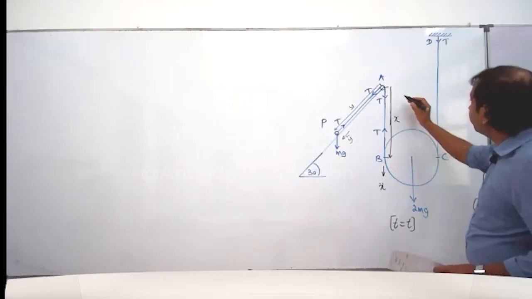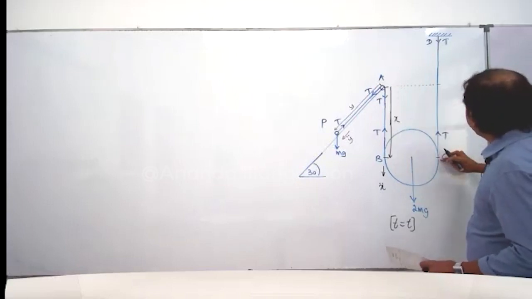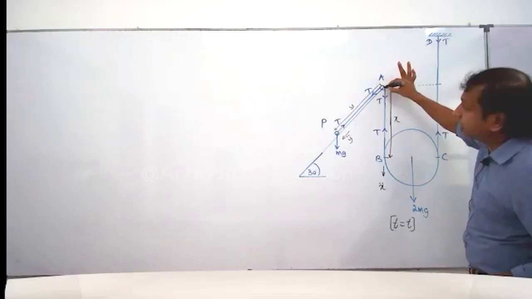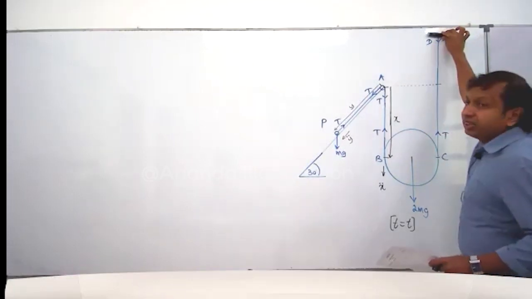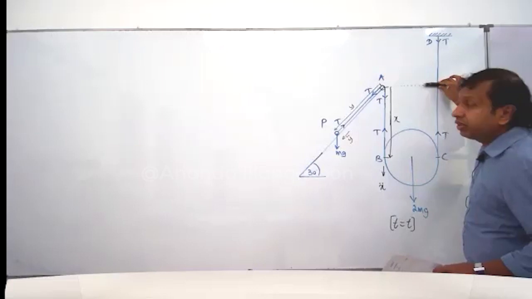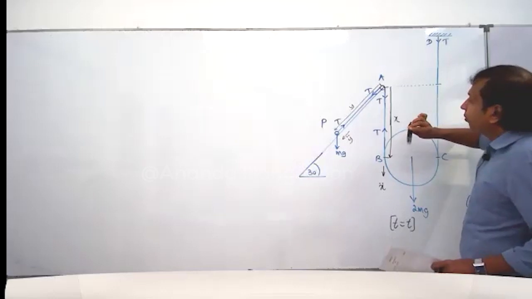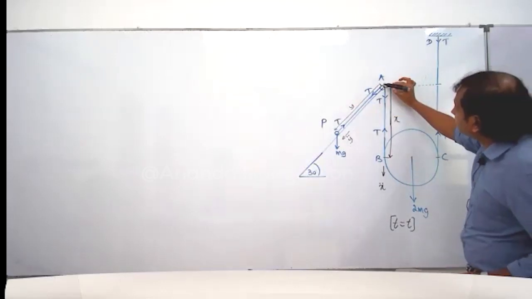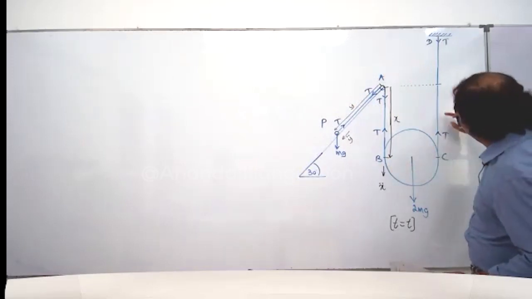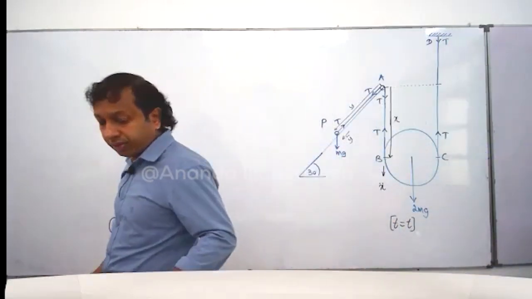And from here to this level, x, right? This also x. This level is a fixed level in the earth, and this level is also fixed in the earth, so this height is fixed. Therefore, y plus this constant plus x plus this constant plus x and this constant equal the length of the string.